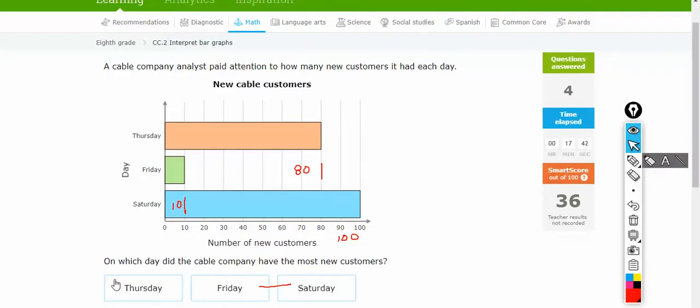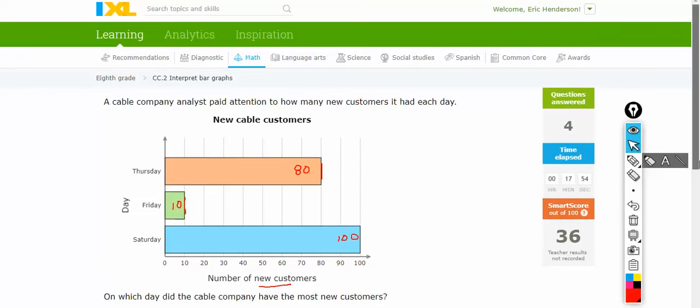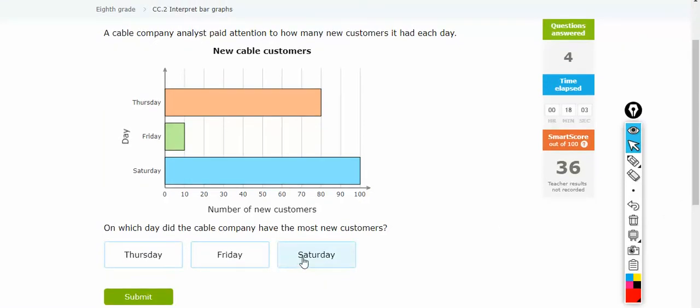Then it says, on which day did the cable company have the most new customers? Well, that would obviously be Saturday, because on Saturday they had 100. So for that I'm going to pick Saturday.